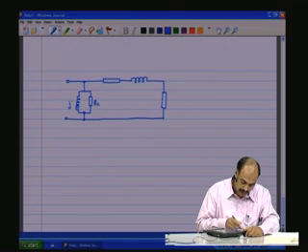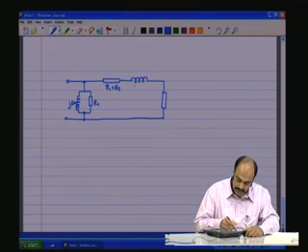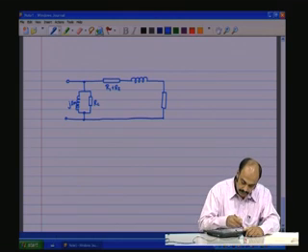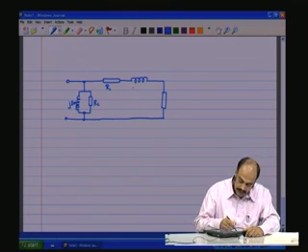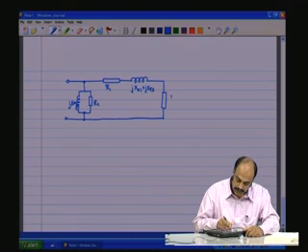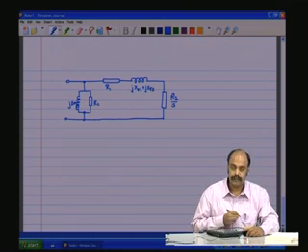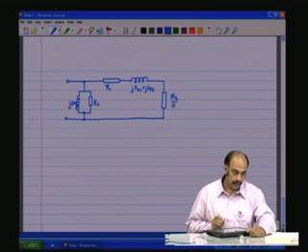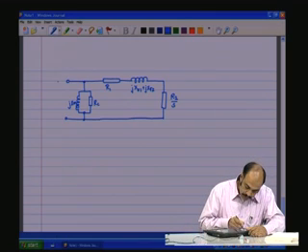This is the magnetizing reactance. This is R1 plus R2, and this is R1, and this is jX sigma 1 plus jX sigma 2, and this is R2 by S. Okay, and we are applying normally the source here.